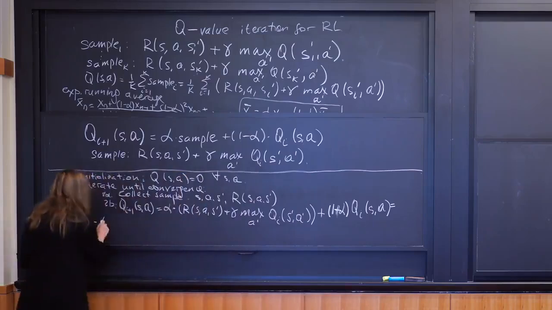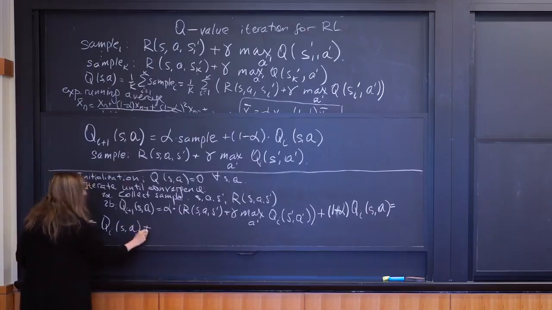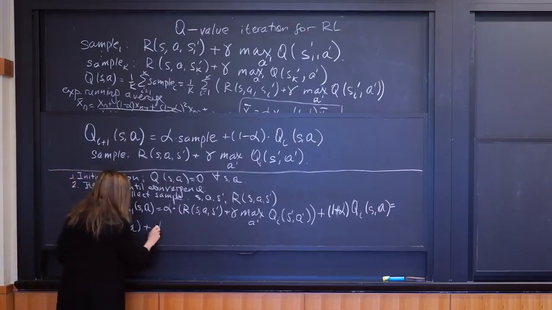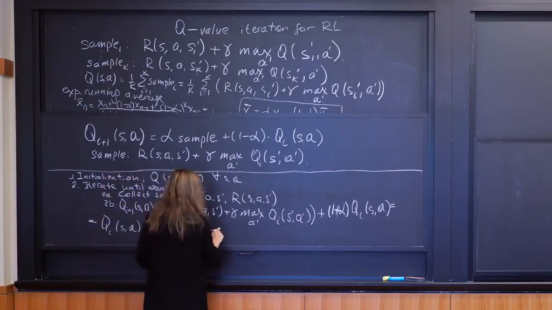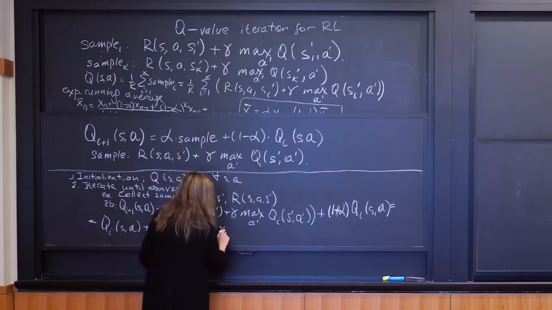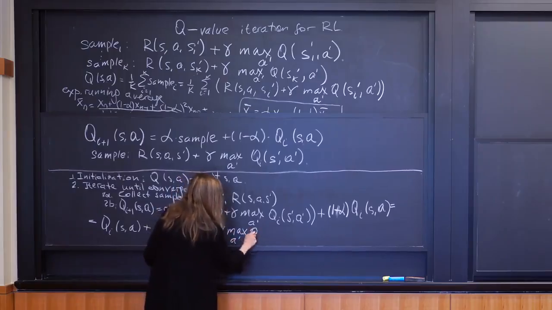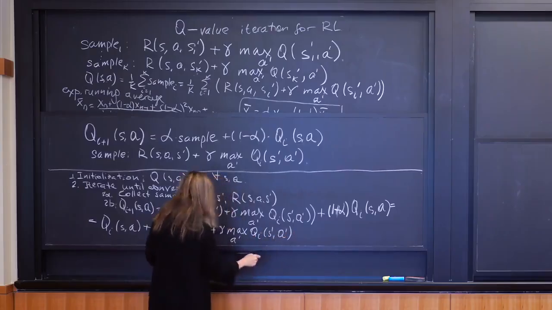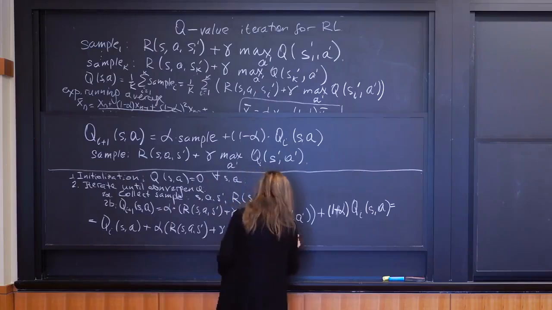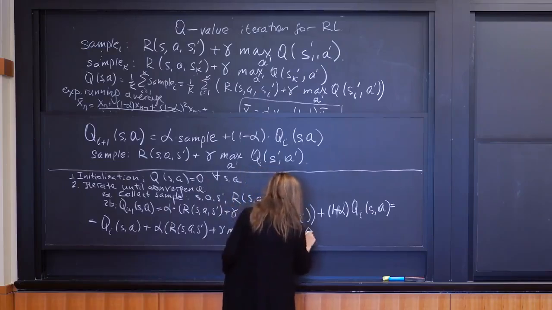So we can write Qi(S,A) plus lambda S prime plus S prime minus.